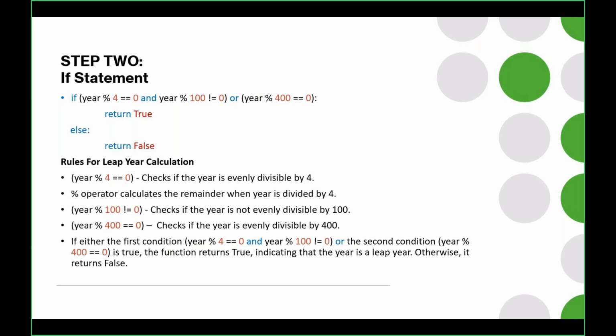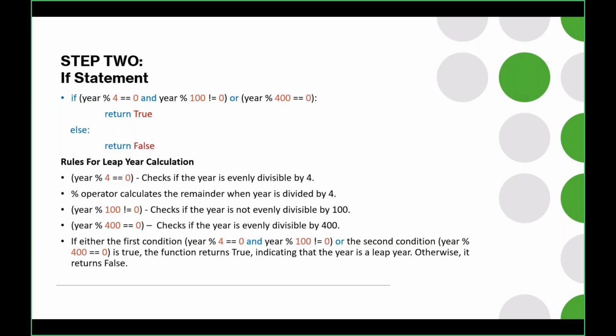This one is important because most years that are divisible by 100 are not leap years, except for those that are also divisible by 400. And the third aspect says year % 400 == 0. This one checks if the year is evenly divisible by 400.